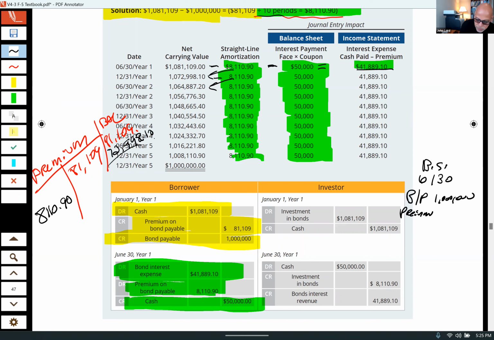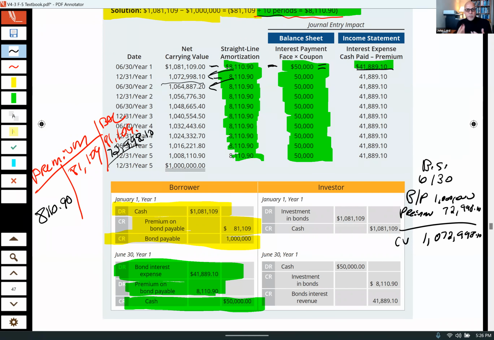The premium is now the 72,998.10. So the new carrying value of the bond now, right? Carrying value, just put carrying value CV is 1,072,998.10. You're like, yeah, John, we could have looked right up here to see it.